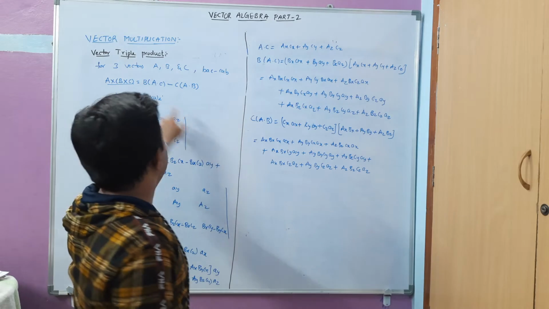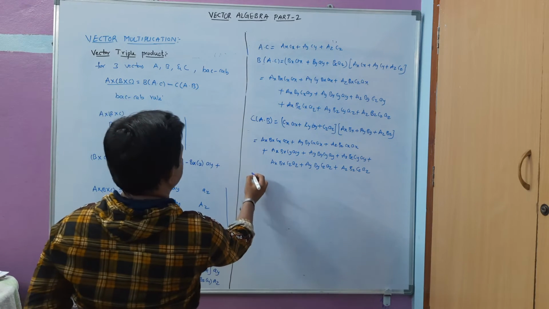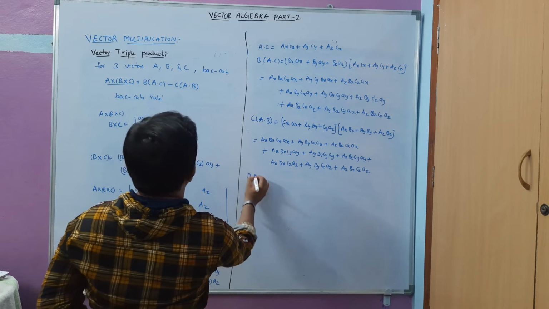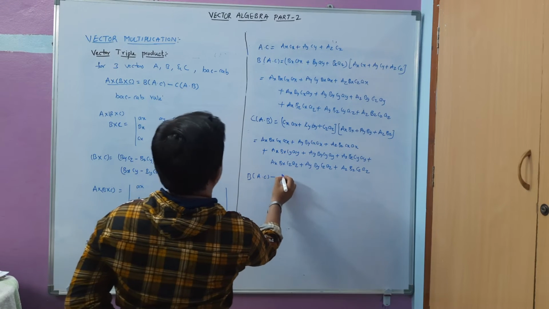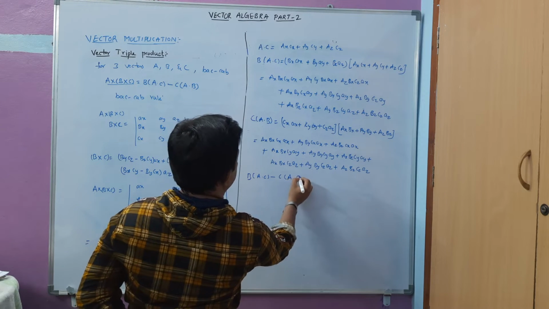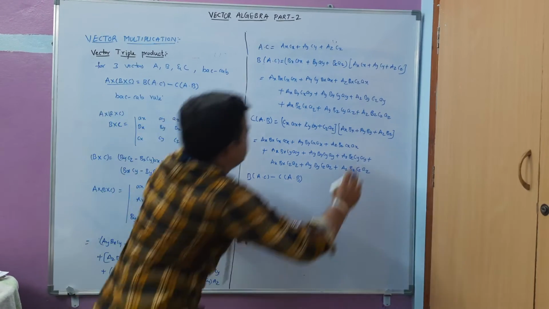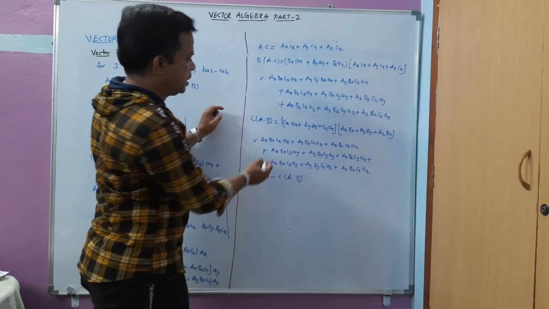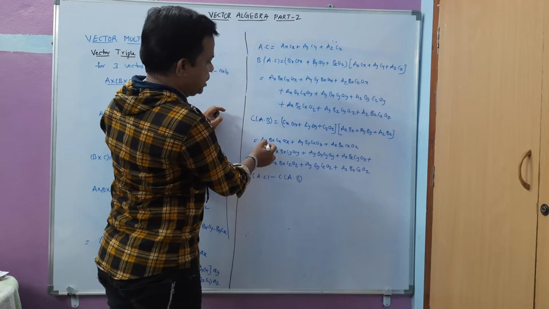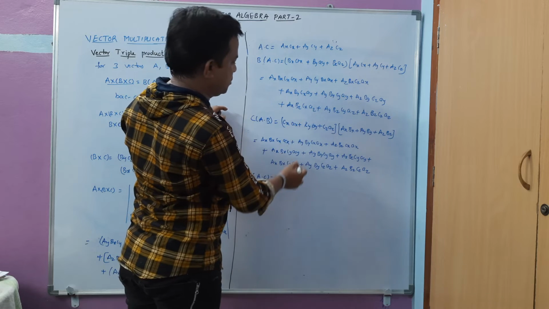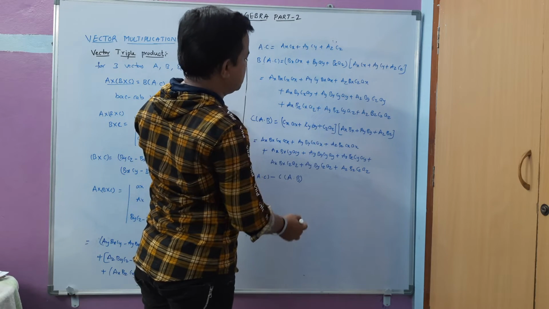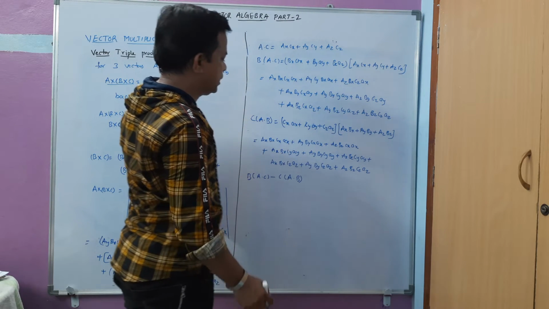Just I have to perform this LHS operation, RHS operation, B into A dot C minus C into A dot B. So if I do that one directly, you can see from here, this is the second one, and these are the first terms here. So if you subtract this one, most of the terms are going to cancel here.